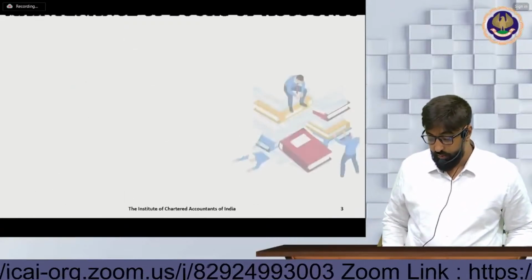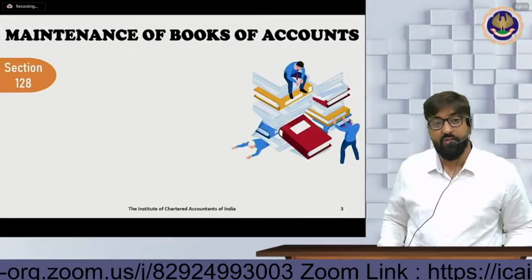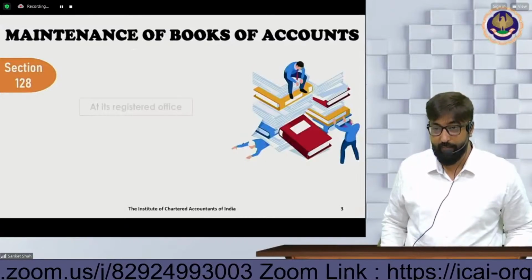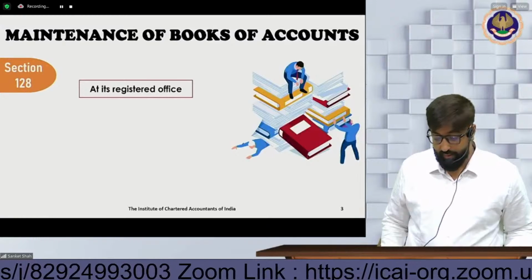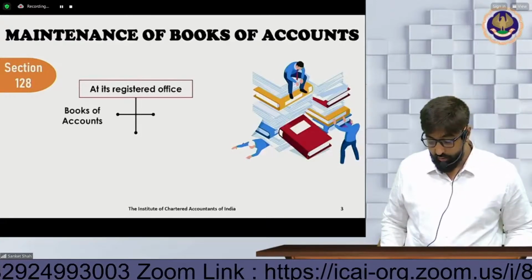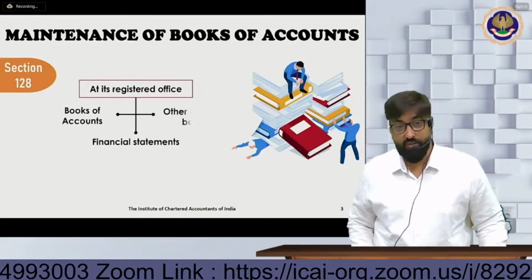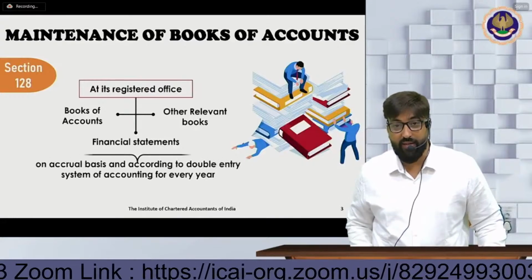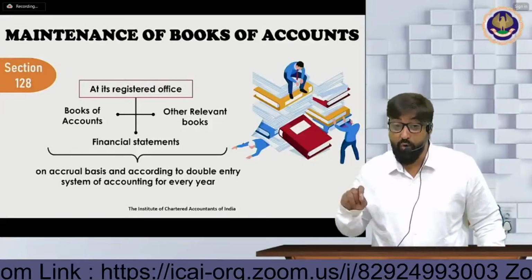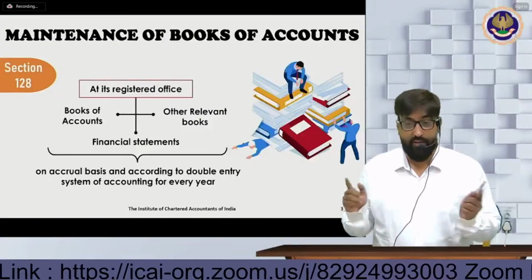So first, maintenance of books of accounts is mandatory at the registered office. Remember, books of accounts, financial statements, and other relevant books we are going to maintain on accrual basis according to the double entry system of accounting.